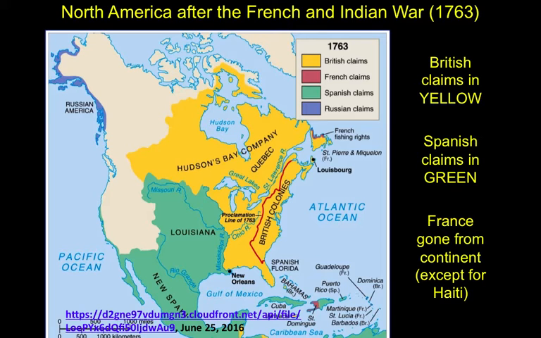Seeking to avert a conflict between American migrants and Indians after its costly war with France, Parliament issued the Proclamation Line of 1763, seen in this red line running north-south, which forbade American settlement west of the Appalachian Mountains.